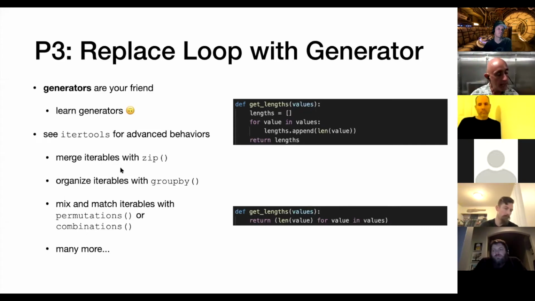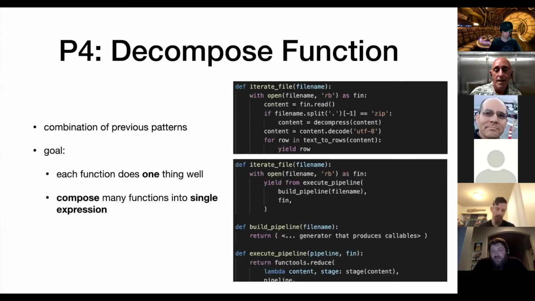Right? There's a whole lot of things. If you think about how iterables work, they end up being sort of a wonderful base type to use for a lot of different algorithms. And so look for places where you have loops and replace them with some kind of iterable, like a generator, so that you can express much more readily what you're trying to do.